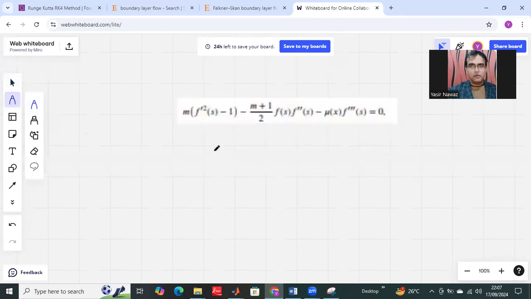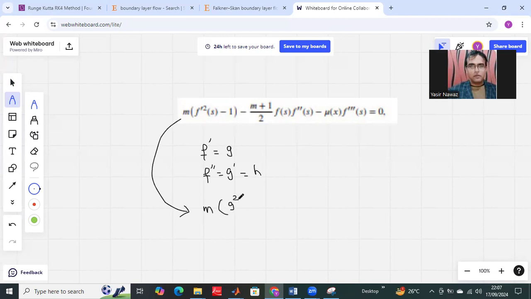First I assume that f prime is g, and f double prime, which is g prime, equals h. And then this equation can be expressed in the form: m into f prime is g, so it's g square minus 1 minus (m plus 1) over 2 f, f double prime is h, minus, now I bring the last term on the other side.